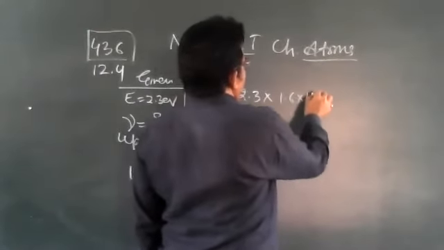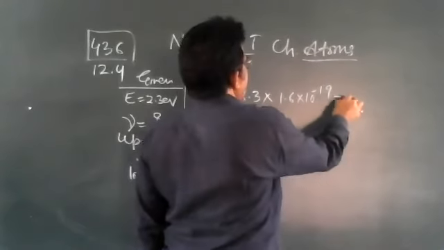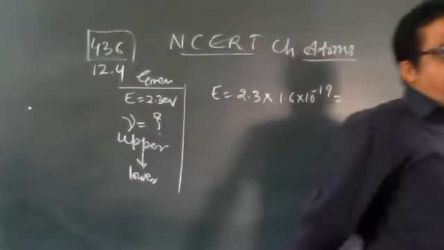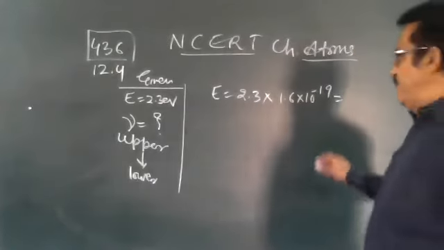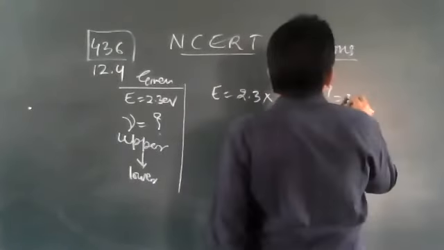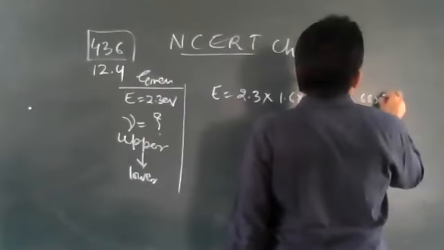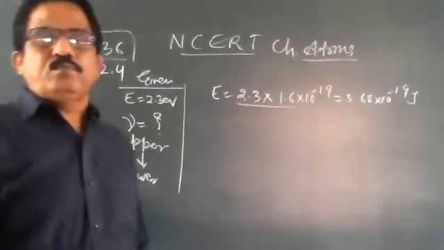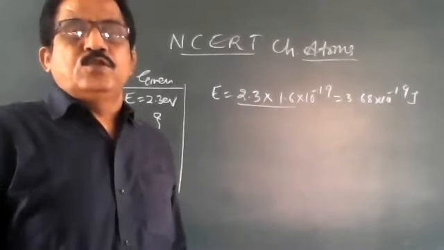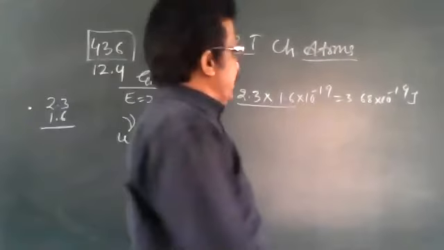Strengthen your calculation part. Just multiply 2.3 and 1.6. That will be around 3.68 into 10 to the power minus 19 joule. So here it is in joule.